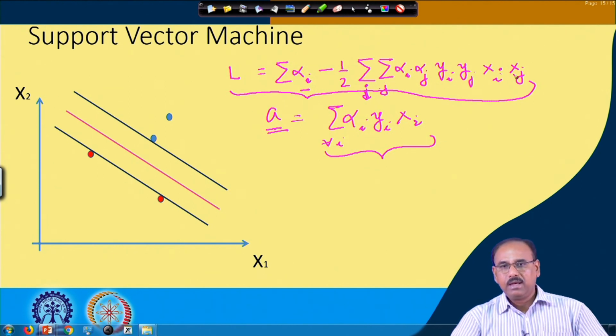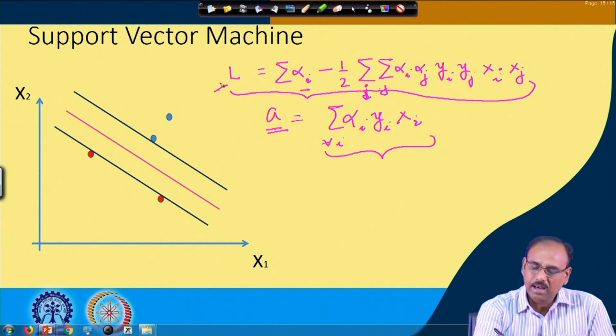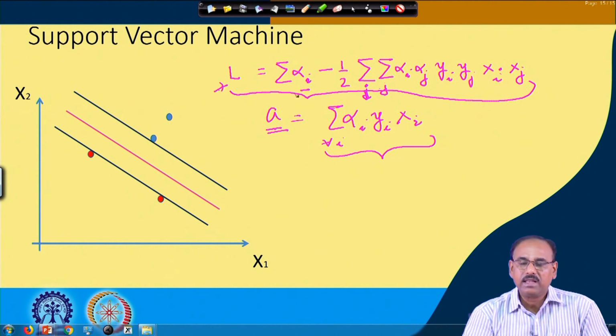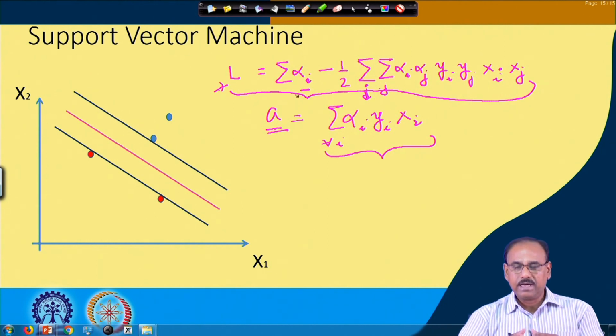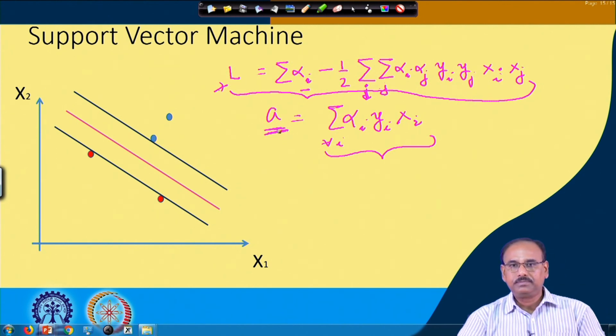So, now you can make use of any optimization tool to optimize L with respect to alphas, and the set of such alphas that you get which maximizes this L can give you my solution vector A. And once you have the solution vector A, you get your separating plane, and this is the separating plane which maximizes the margin, or in other words, this separating plane will give you a robust linear classifier.